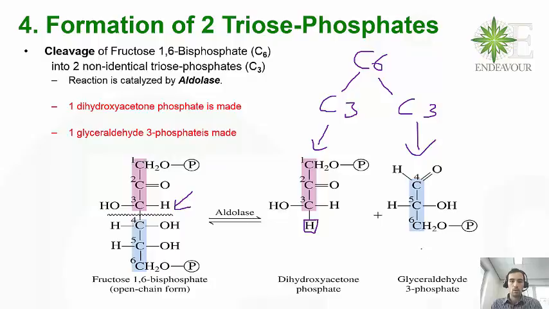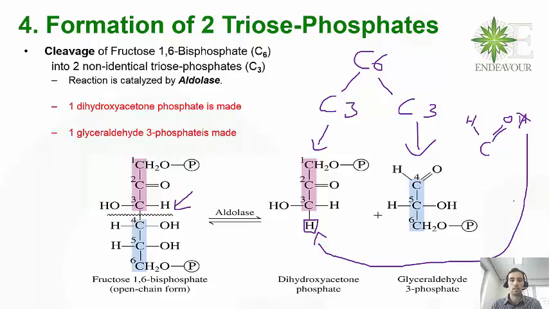To accommodate this, the hydrogen that was associated with this oxygen, so it was an OH at the end here, has been lost, and that's the hydrogen that's been given to the dihydroxyacetone phosphate. And to satisfy the bonding arrangements within glyceraldehyde 3-phosphate, the oxygen now forms a double bond to the carbon instead.